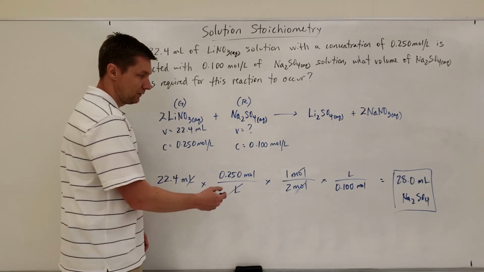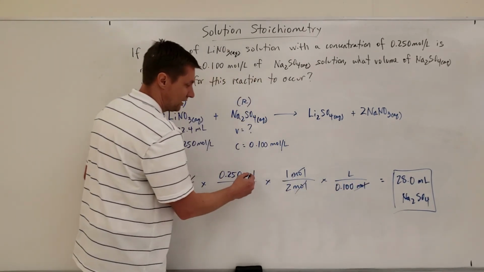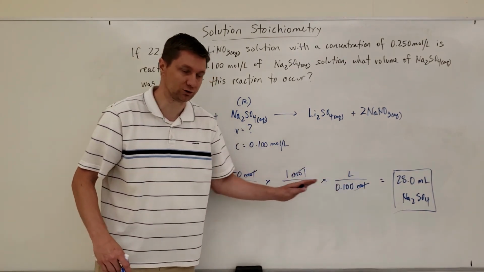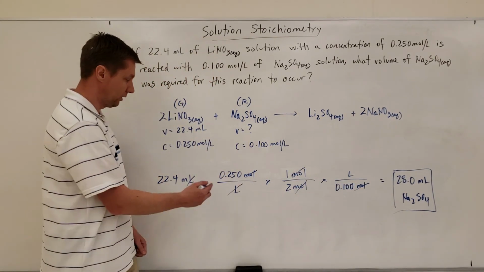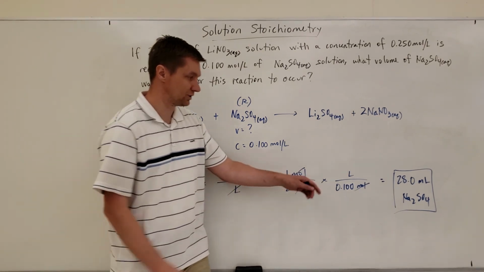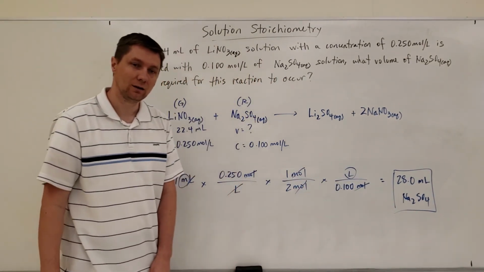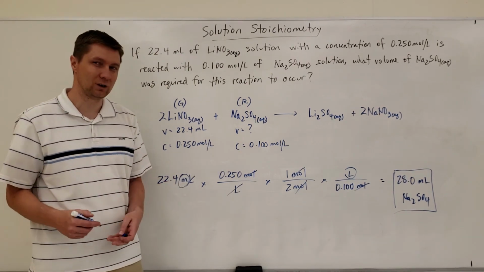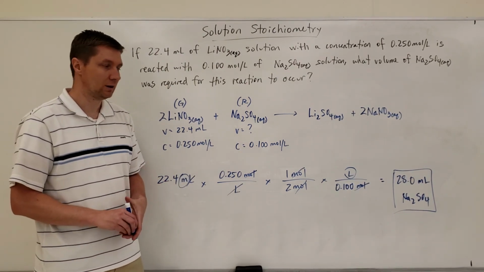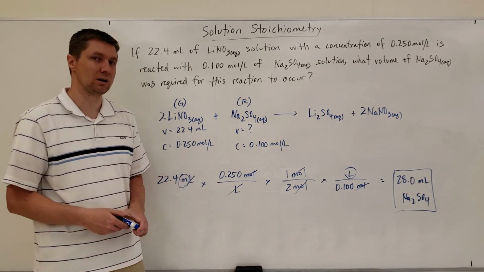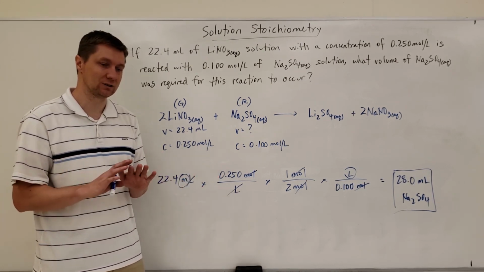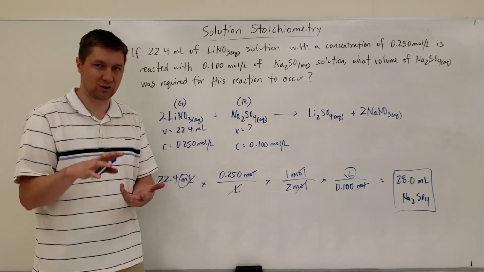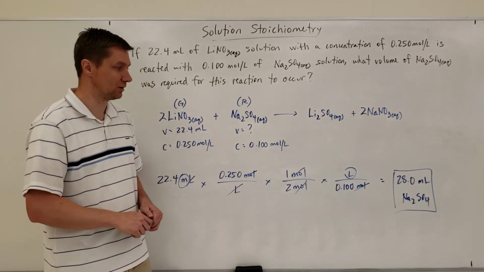And so then I look and I can see, okay, my moles cancel with those moles, and I've arranged this number so that the moles do cancel with those moles. But notice now my units left over are just milliliters again. And so I cancel it out that way so that I don't have to do any extra converting that I don't need to. It's less places where I can make an error. I can just analyze the units and not have to worry about, did I make a calculator mistake, or did I miss a zero somewhere in my numbers as I was jotting them down on the page.